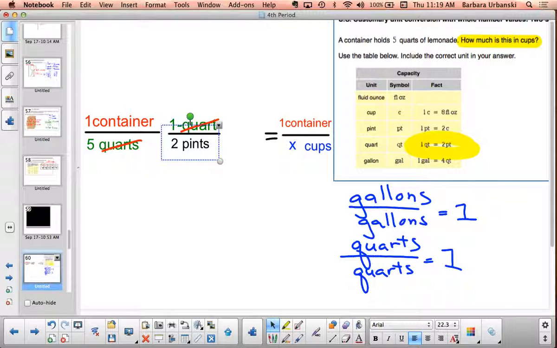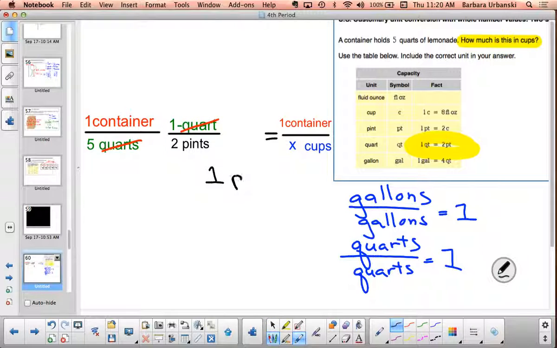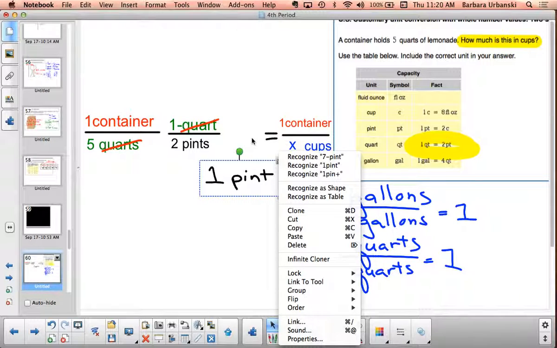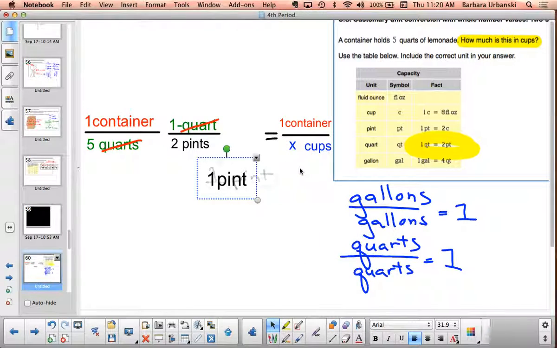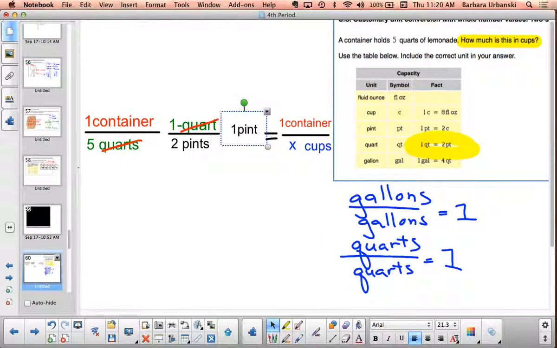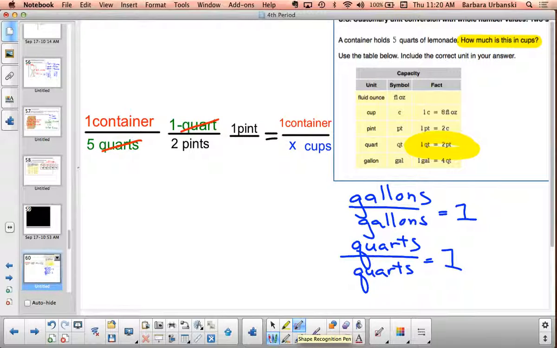So I know that I have 1 pint, and if I look at my chart, 1 pint would equal 2 cups. So now I can put 1 pint equals 2 cups.